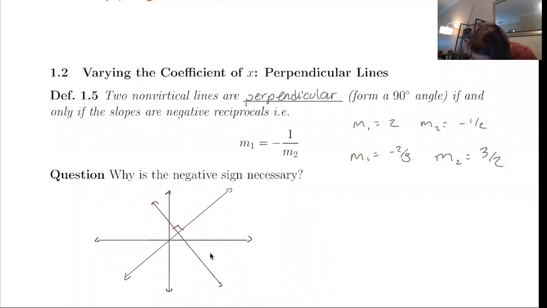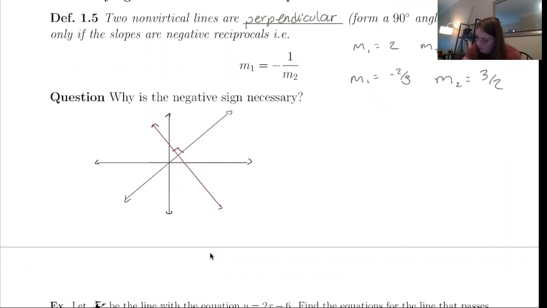See that 90 degrees? But then that red line has a negative slope. So that's the graphical reason that we need the negative there. Okay? Does that make sense? That negative is really important. A lot of people just give me the reciprocal instead of the negative reciprocal. So don't forget your negative.